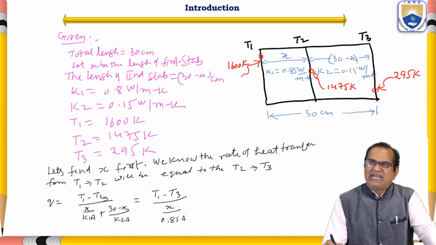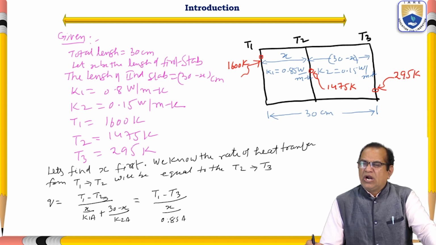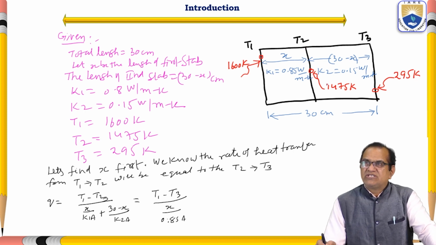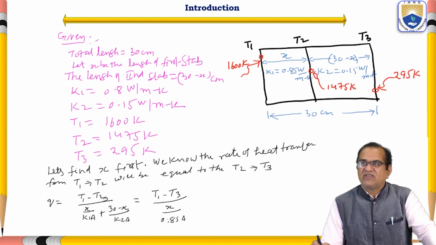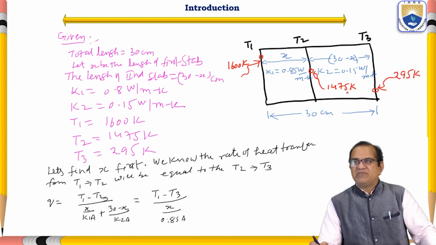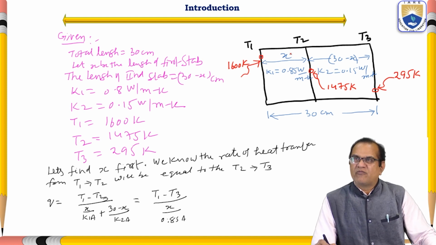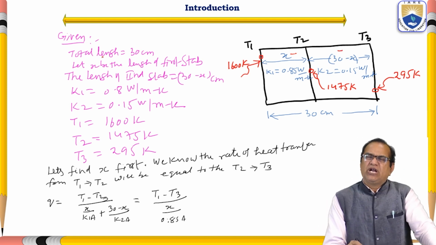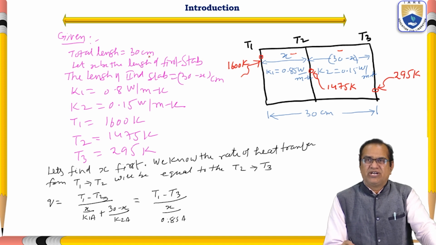The temperature at T1 is 1600 Kelvin, T3 is 295 Kelvin, and in between, T2 is given as 1475 Kelvin. These parameters are given, so we have to find out this distance and this distance. So here the total length of the system is 30 centimeter.